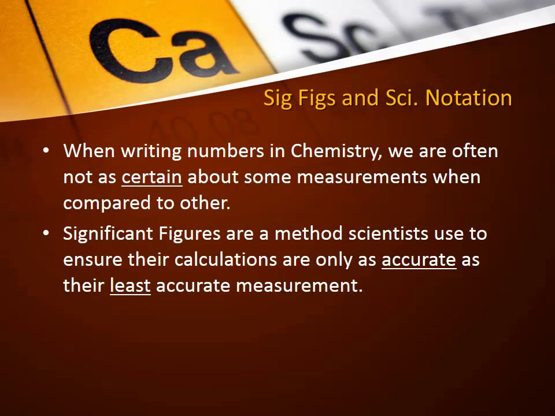When writing numbers in chemistry, we often are not as certain of some measurements when compared to others. Sig figs are a method that scientists use to ensure their calculations are only reported as accurate as their least accurate measurement. So if you have to take a guess on something, that will limit the accuracy of any measurements based on that guess.